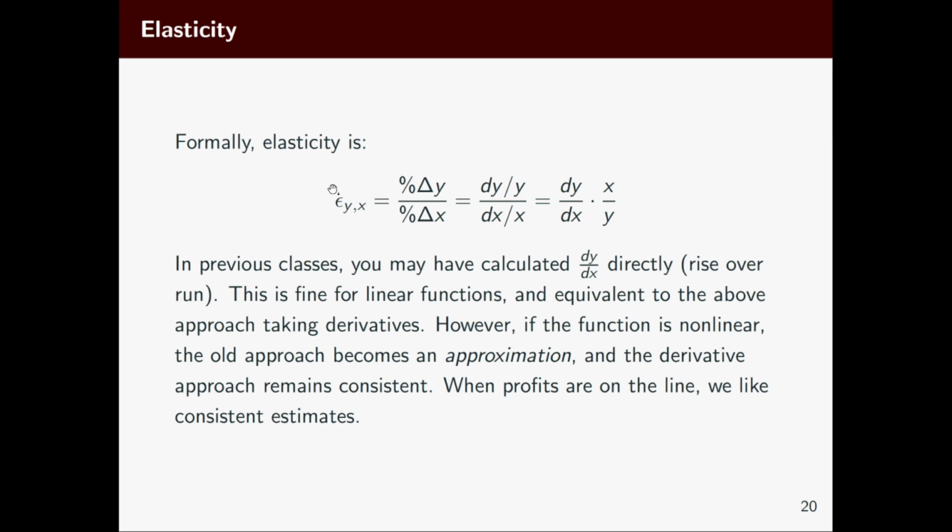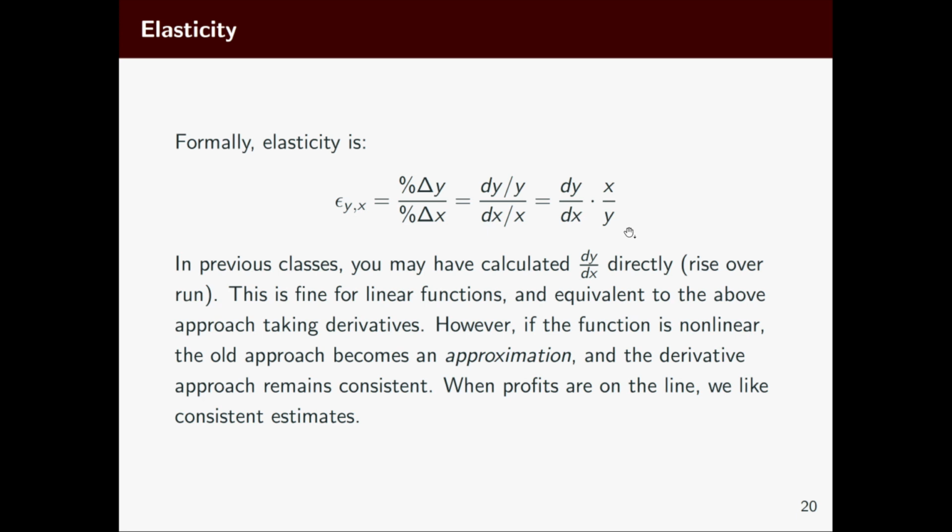But in a formal way, our elasticity for anything is going to be percent change of y, if y is our left-hand side variable, given a percent change in x, our explanatory variable. Okay, and that simplifies to the derivative of y with respect to x multiplied by x over y.